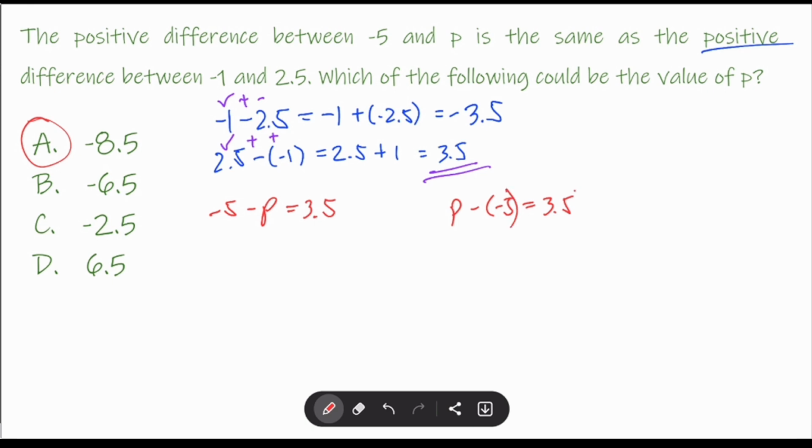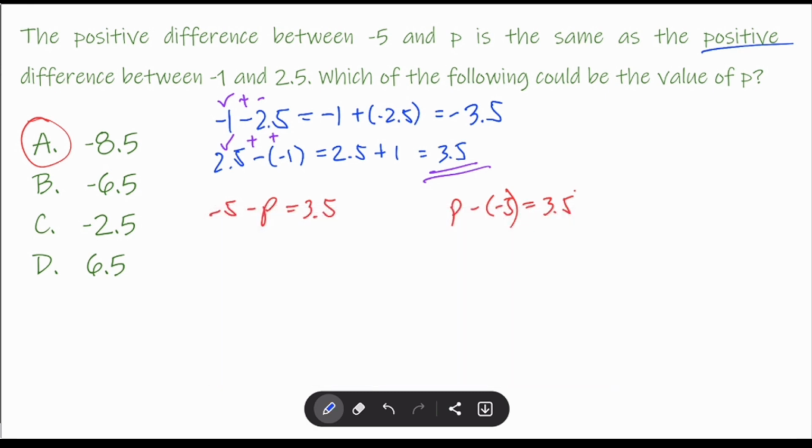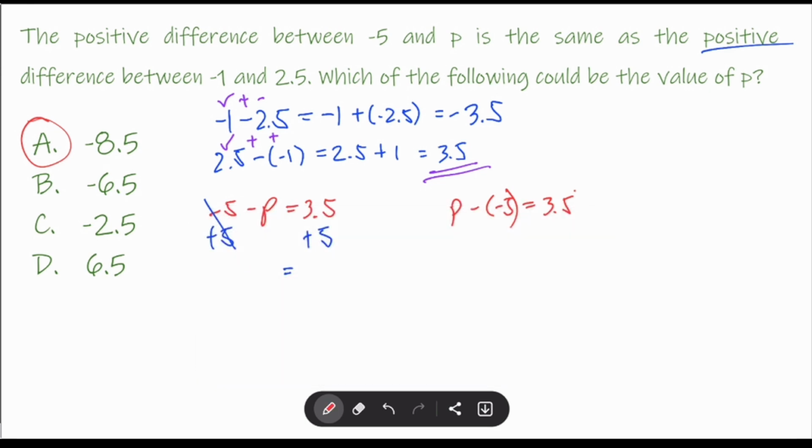So let's solve the first one at the left. We're going to separate the one without the variable p. So we're going to add 5 on both sides, so that this will be 0. -5 plus 5 is 0, and what's left is -p. And 3.5 plus 5 is 8.5.